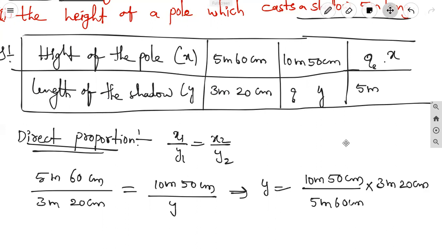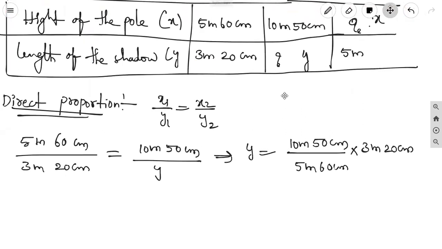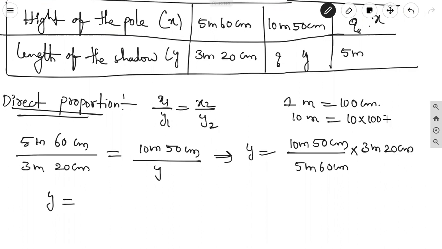Here we know that 1 meter equal to 100 centimeters. 10 meter means 10 into 100 centimeter equal to 1000 centimeter. So 10 meter 50 centimeter equal to 1000 plus 50 centimeter, that is 1050 centimeter.